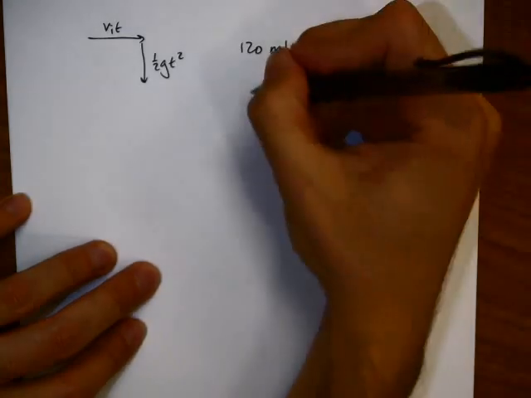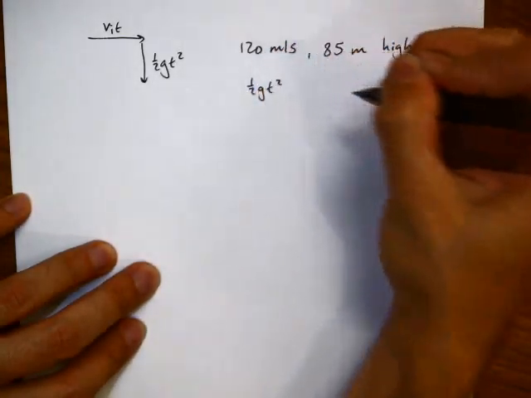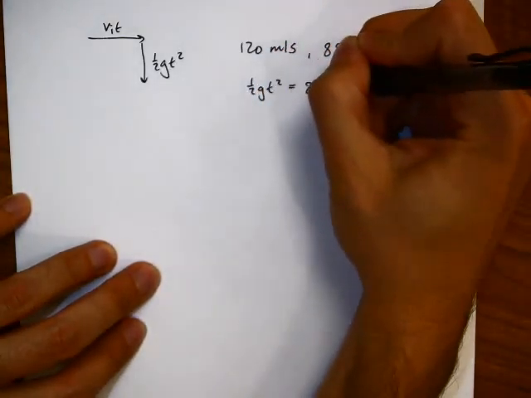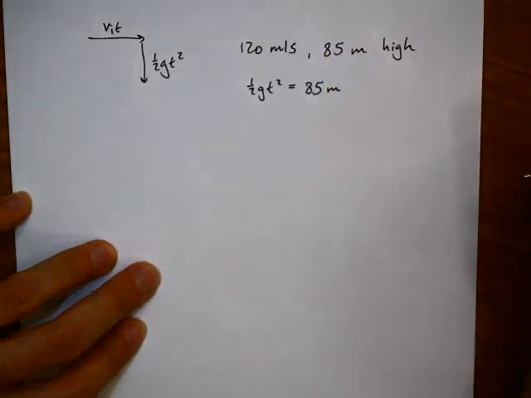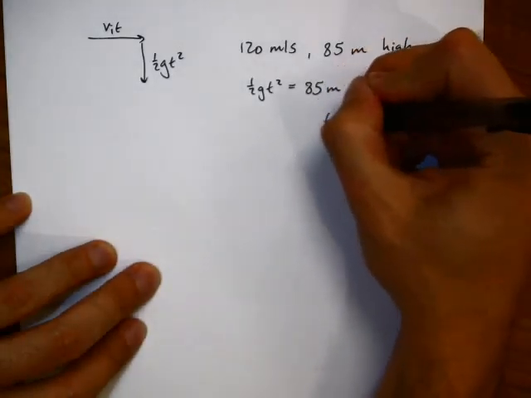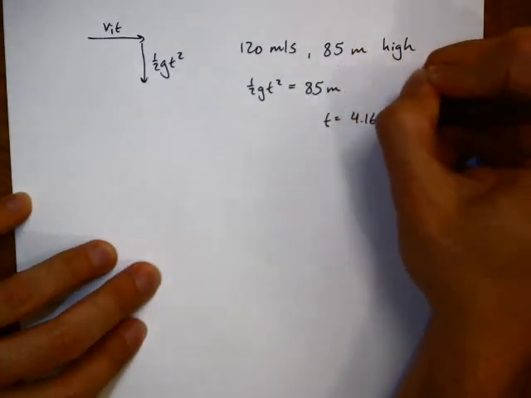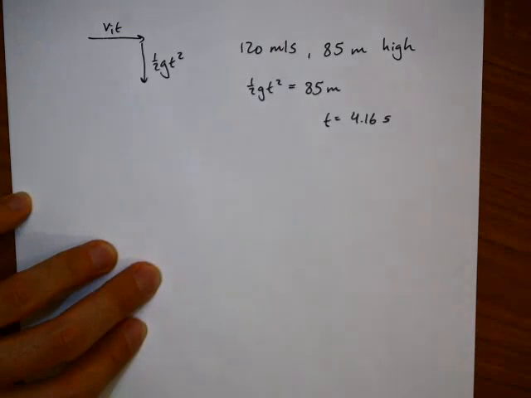So you might start off by saying 1/2 GT squared, the distance fallen, is going to be set equal to 85 meters. The time it takes to land is the same as in the previous problem. It takes just 4.16 seconds to land. The horizontal speed does not influence how long it takes to land.